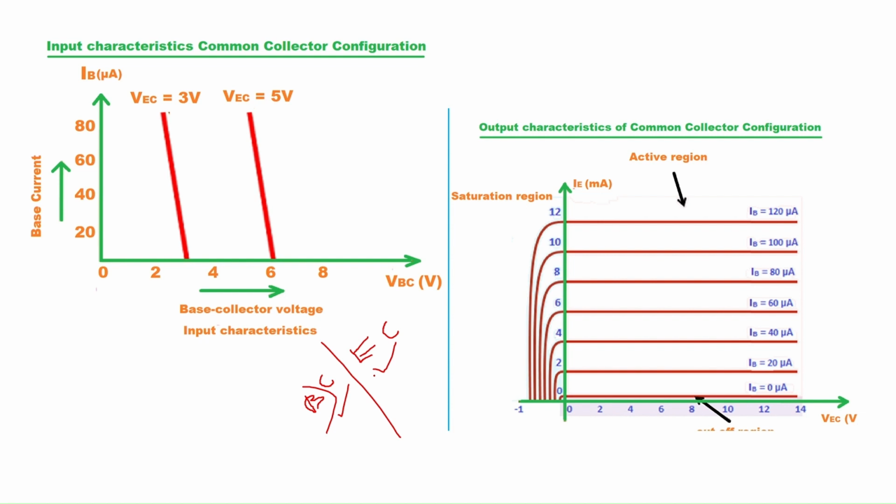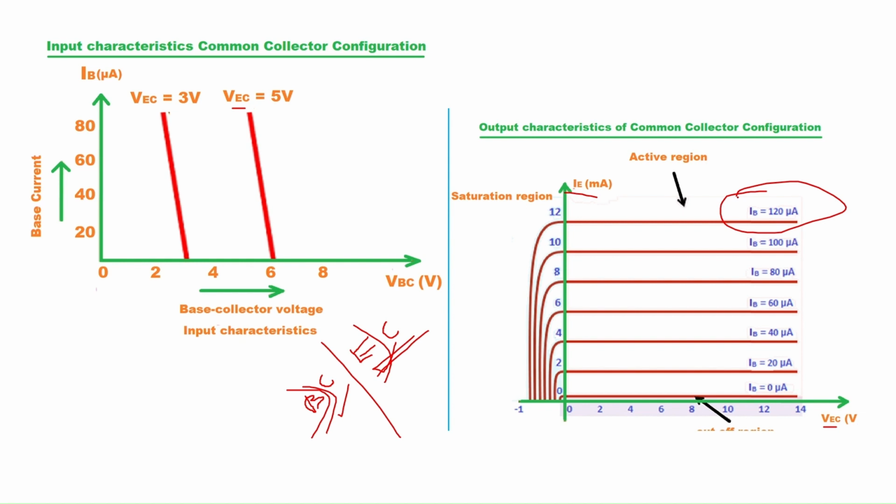The output characteristic is plotted with output voltage VEC versus output current IE with constant input current IB. This is the input and output characteristics for common collector configuration.